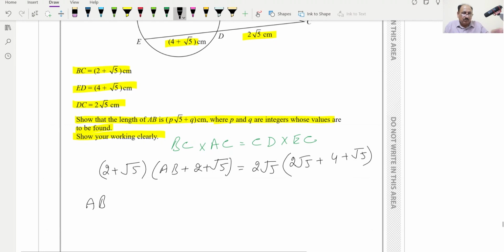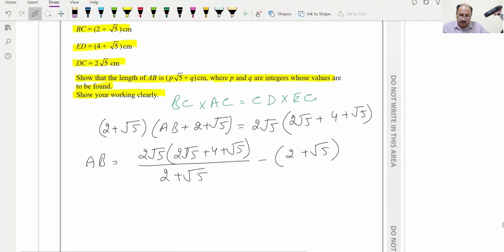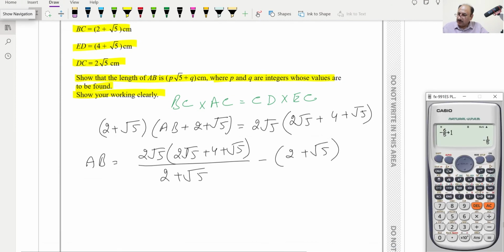AB will be equal to, if we simplify, 2 root 5 times 2 root 5 plus 4 plus root 5, and divided by this side, we can shift to the other side as the denominator, so it will be 2 plus root 5, and minus 2 plus root 5. Now the rest is all just calculation which we have to do with the calculator.